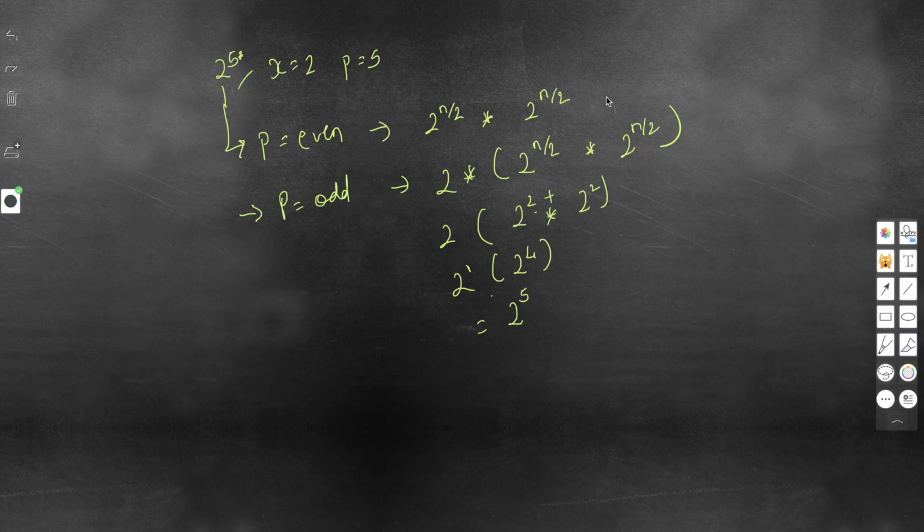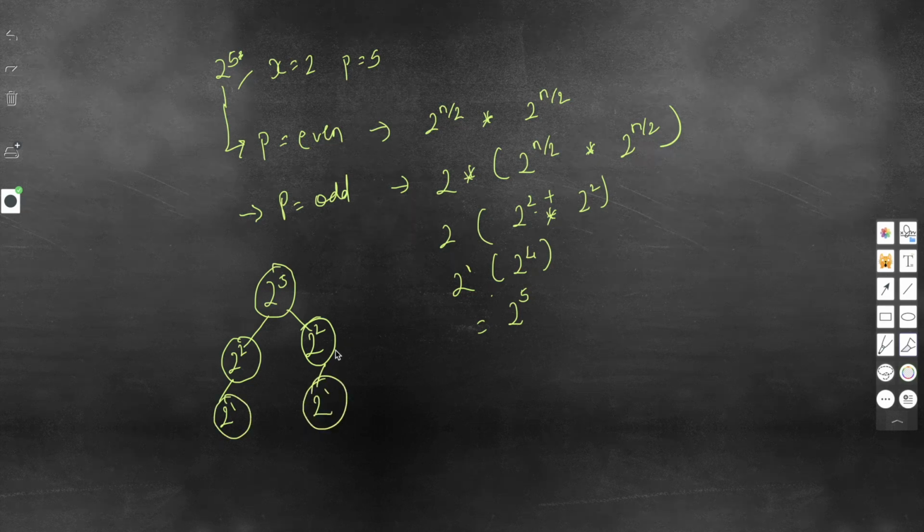This is the optimal way, because if you see the recursion tree for 2 to the power 5, I need to calculate 2 to the power 2, 2 to the power 2, then 2 to the power 1 calls.